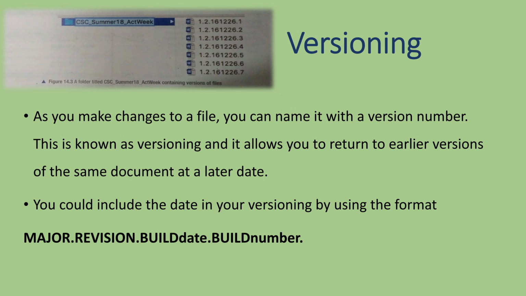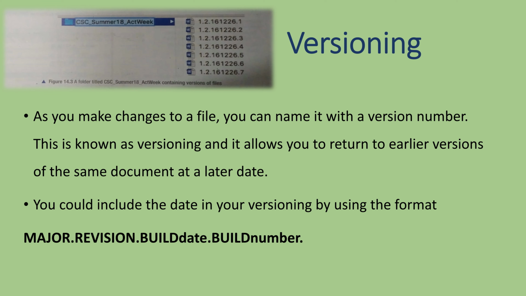Versioning. As you make changes to a file, you can name it with a version number. This is known as versioning, and it allows you to return to earlier versions of the same document at a later date.